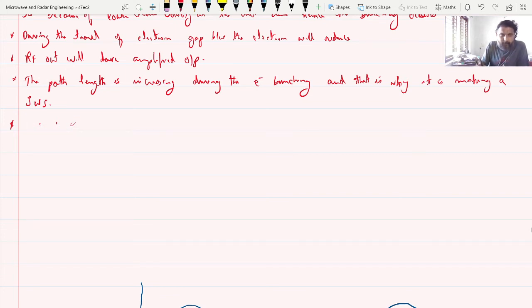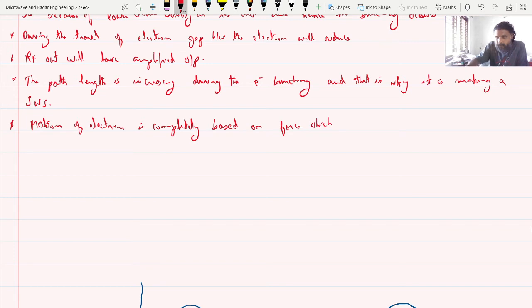So as I told, the electron motion is completely based on the force which happens on the electron that is traveling from cathode to anode.